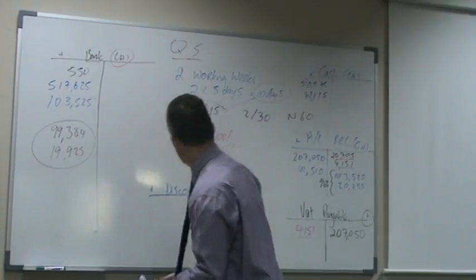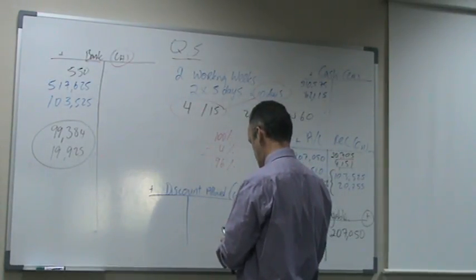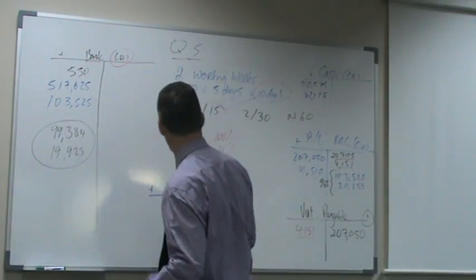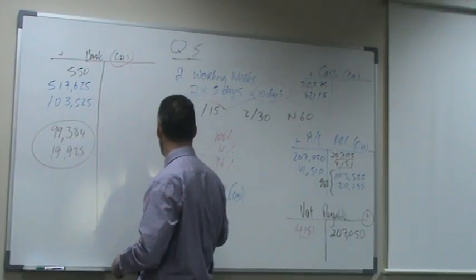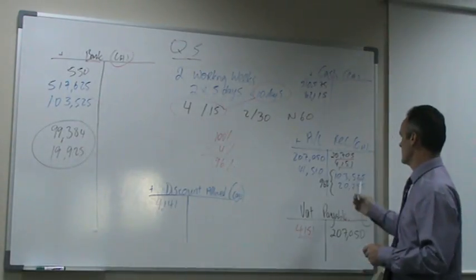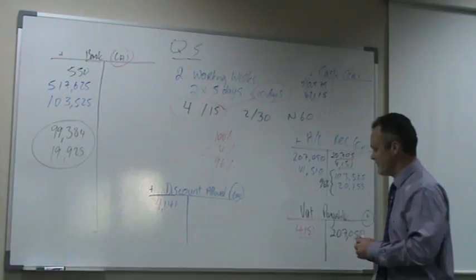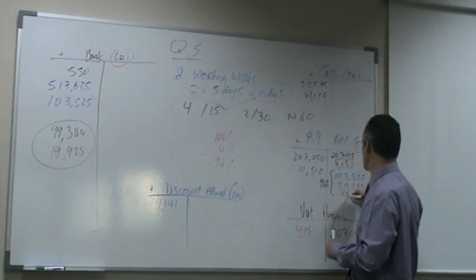So again, 103,525 by 4%, that's 4,141. So that means we gave a discount of 4,141 against the sales. But of course, remember, this number here again refers to VAT.